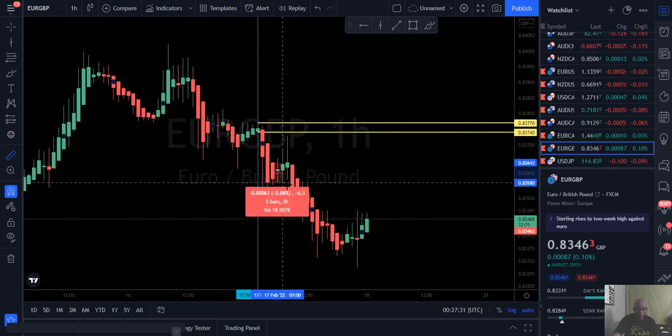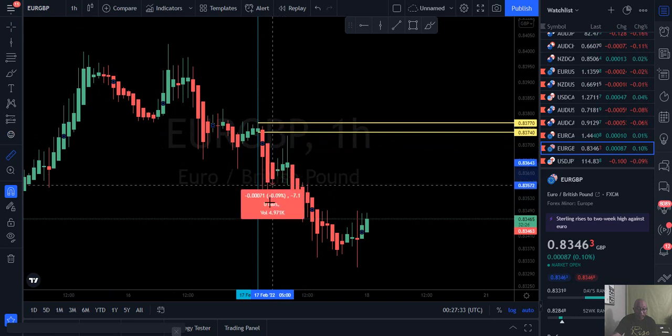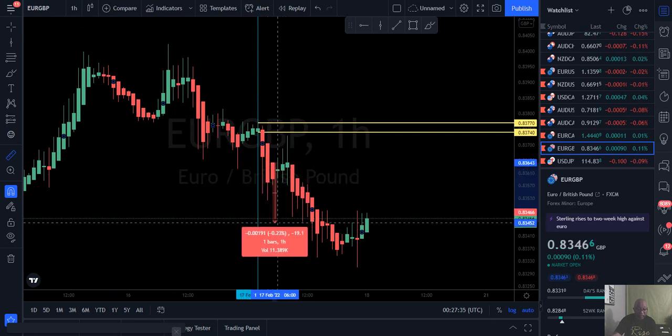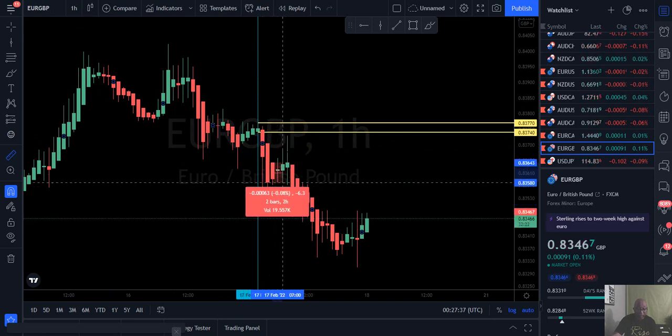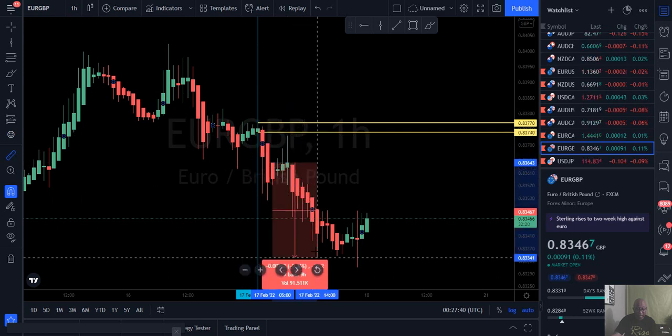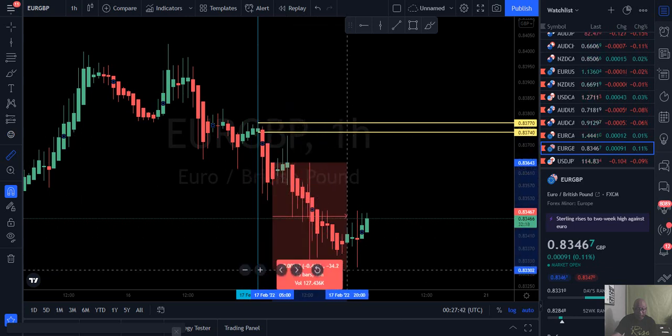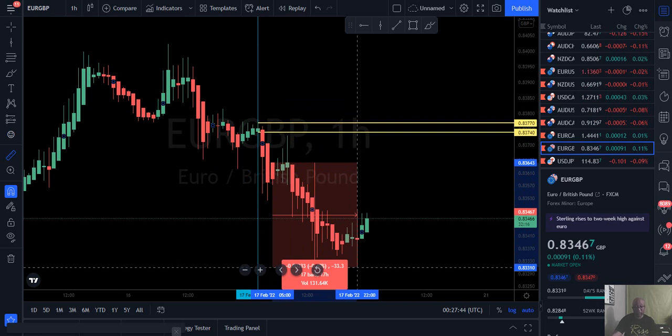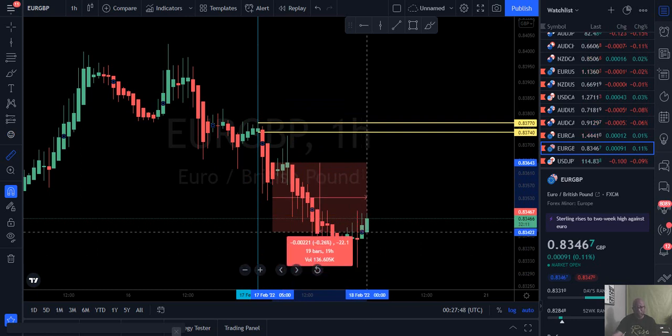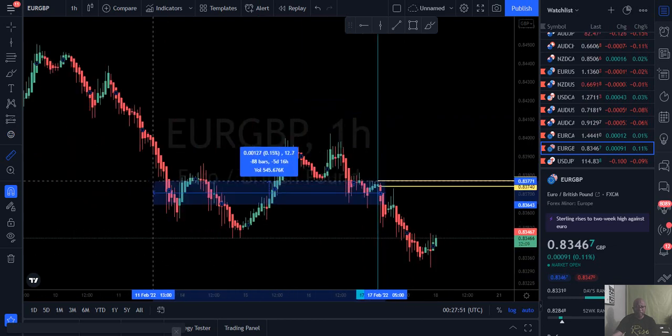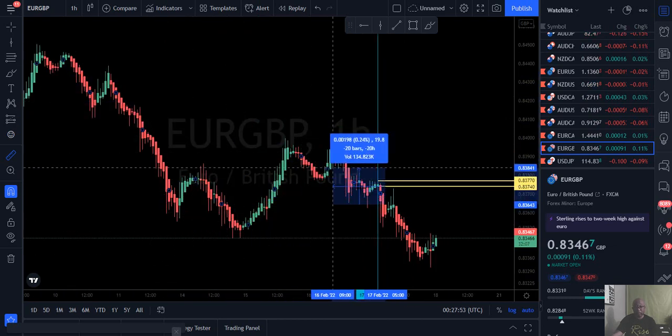Then it retraced. For those of you, you could have taken the 12 pips and jumped out, but it retraced, it hit, and then it came all the way down to here, which was 33 pips, and now it's going back up. But what it's probably going to do is retrace and continue down because the trend is a downtrend.